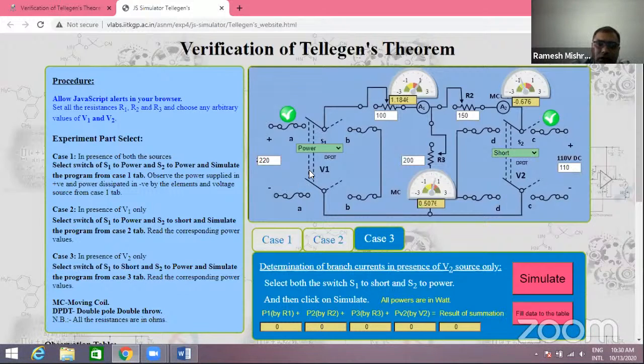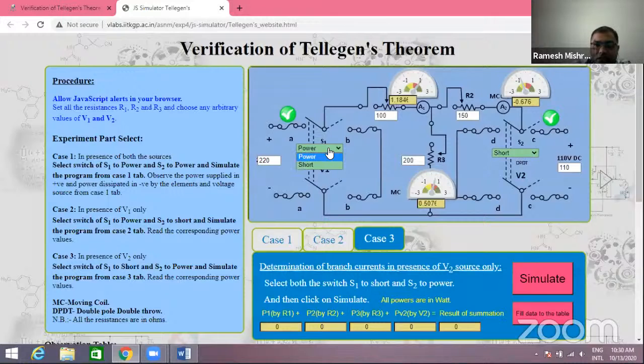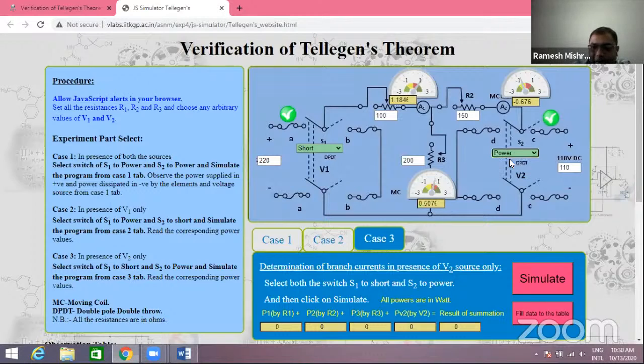Short the V1 voltage source and connect the V2 voltage source with the power, and find out the power of the first resistance, the second resistance, the third resistance, and the total power of the second source by simulation. We just change here: the first voltage source is short circuited and the second voltage source is connected with the power. Now we simulate here.